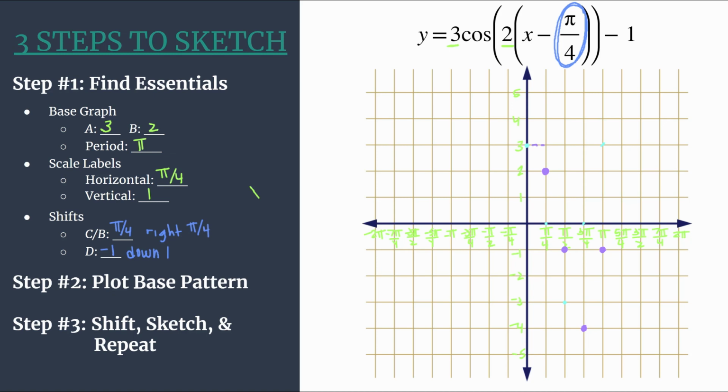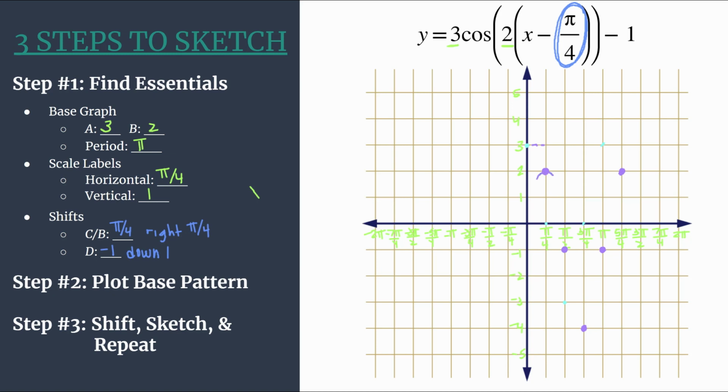Our midline has shifted. It used to be on the x-axis. Now it's at y equals negative 1. Everything shifted down 1. All right, and then of course we have our final point that starts a new cycle. Move it also right pi over 4 and down 1. So we've shifted, and now we can sketch and repeat for as many cycles as we need.